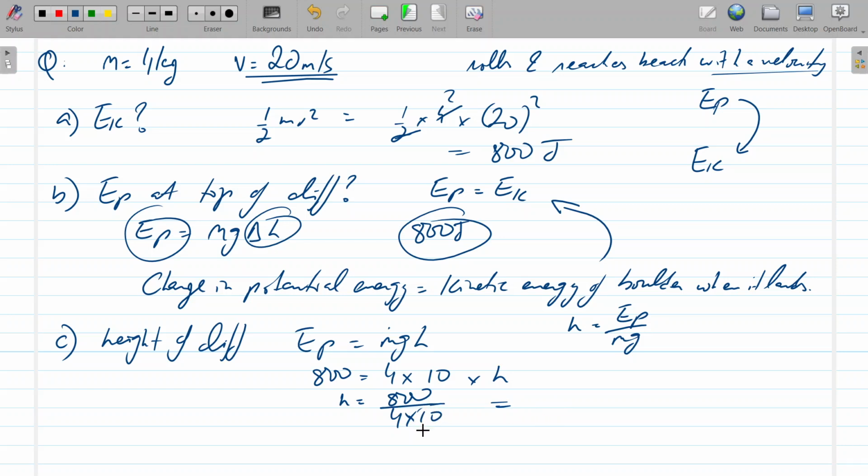Multiplication is happening in the denominator. So what's 4 into 10? 40. And then 800 divided by 40. Okay, let me do it this way. Cut out a 0. 80 divided by 4, 20. 20 meters is the height of the cliff. Sorry, my bad.